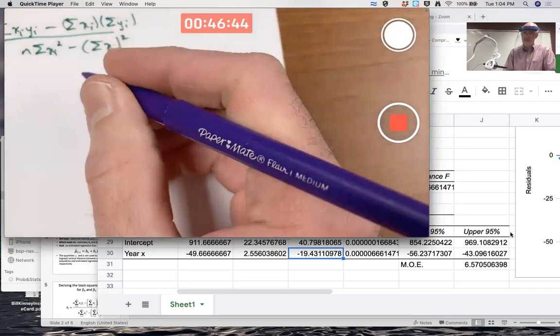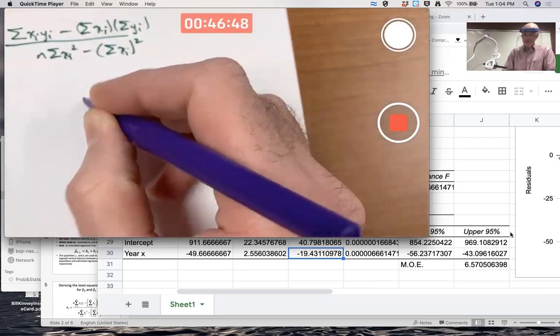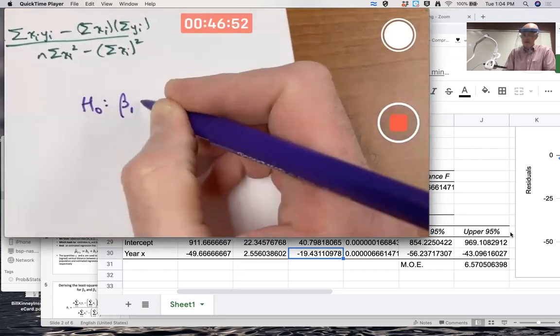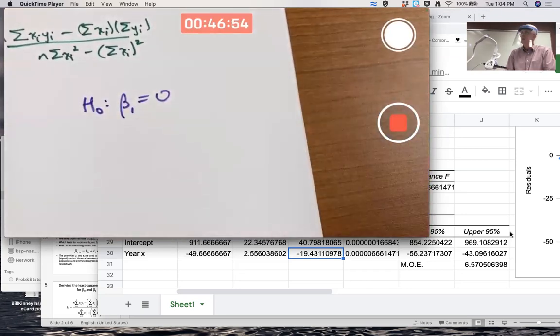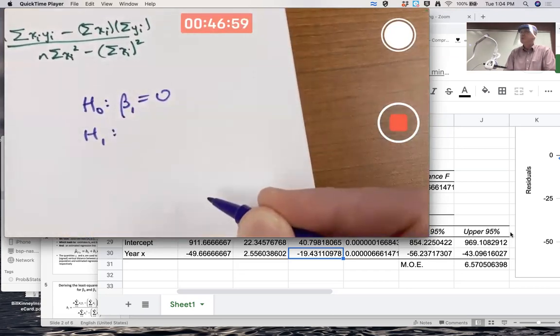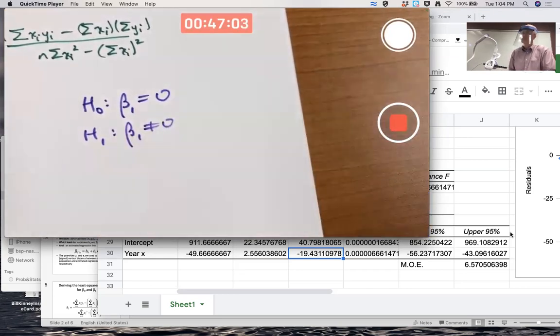I'll write it down and then we'll say the conclusion, then we'll take our stretch break. The null is that the population slope beta 1 equals 0. For the p-value, it's always for the two-sided alternative that beta 1 is not equal to 0. Let's take our stretch break, then I'll write down the t-stat and we'll emphasize what it all means again.